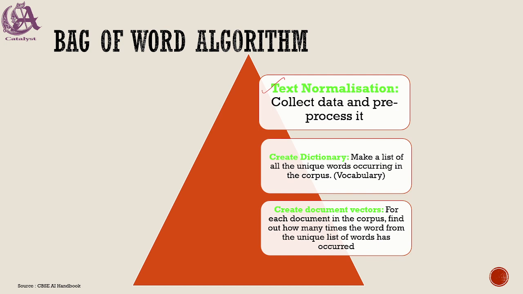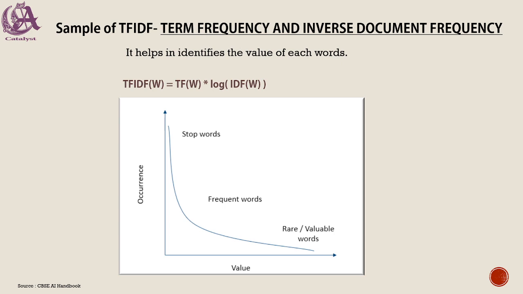So here comes our next thing, that is TFIDF. Let's see the slide here. TFIDF is basically identifying the value of each word. It stands for term frequency and inverse document frequency. There is a particular formula in it, so let's see it in detail.